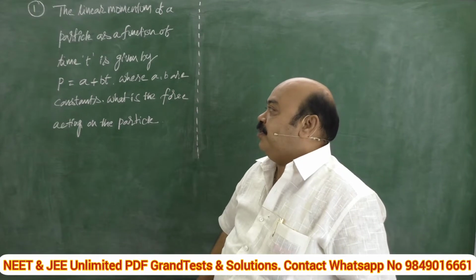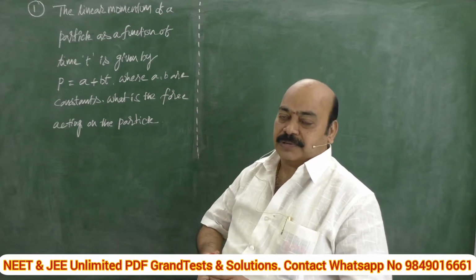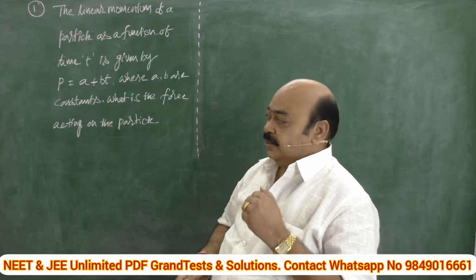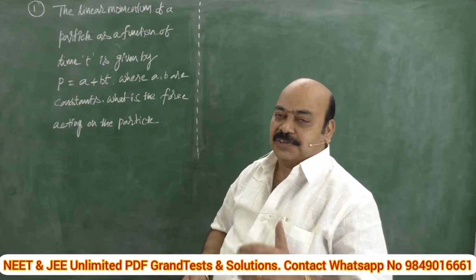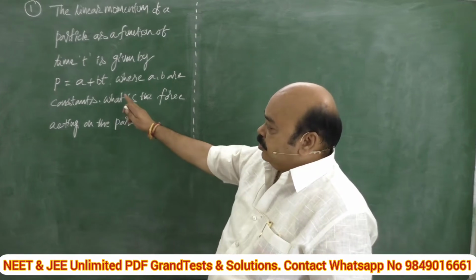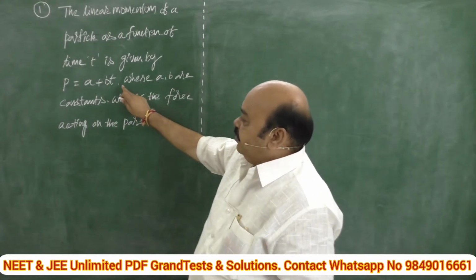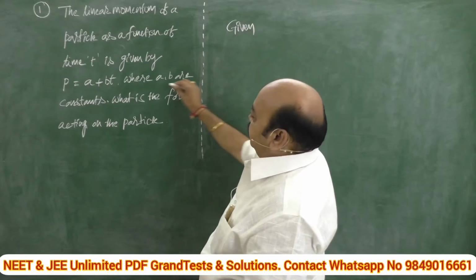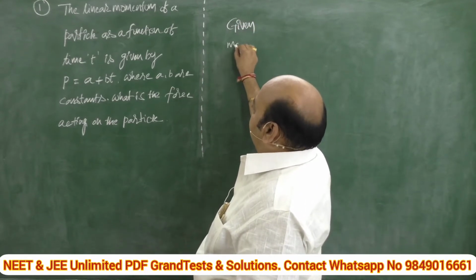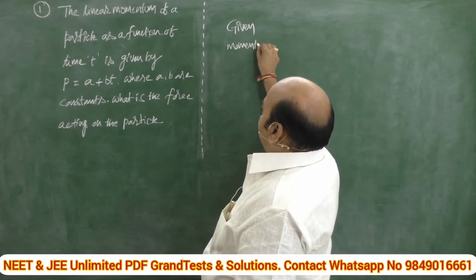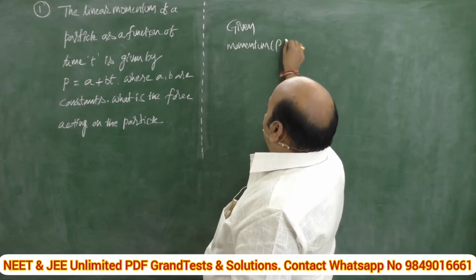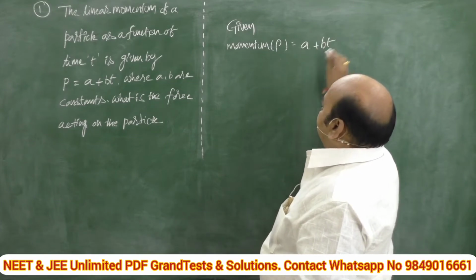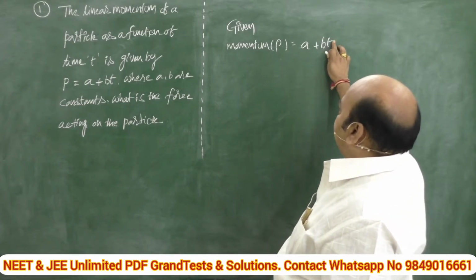From the knowledge of the definition of momentum, from Newton's law, the rate of change of momentum is called force. So I will do one thing. Given momentum P is equal to a plus bt, where a, b are constants and t is time.